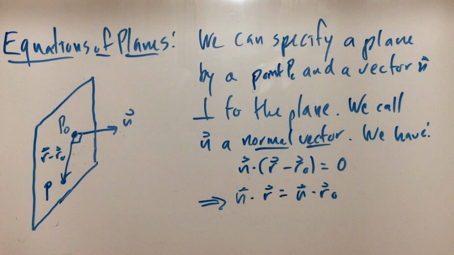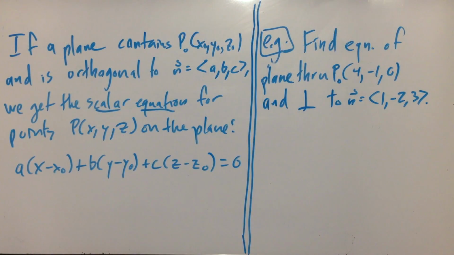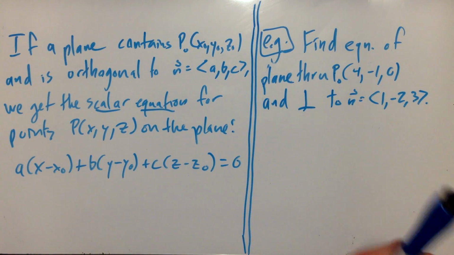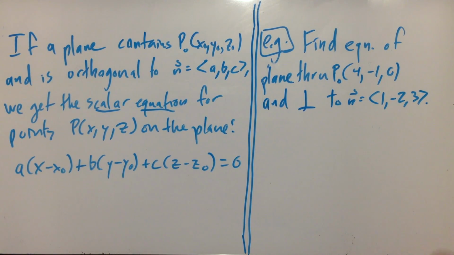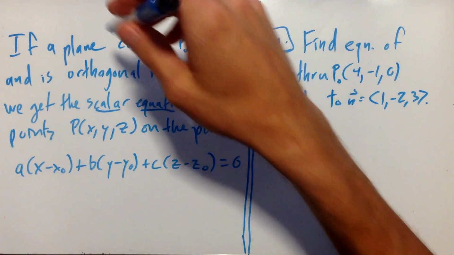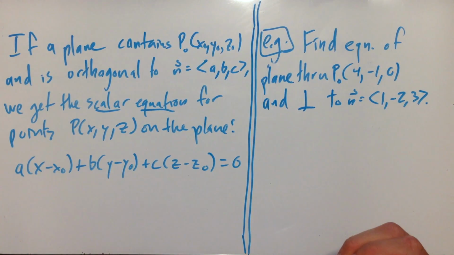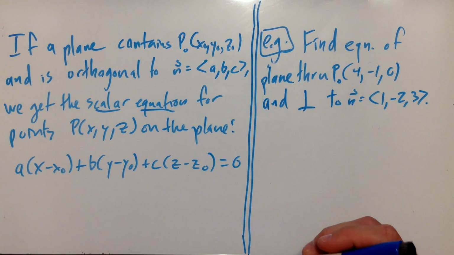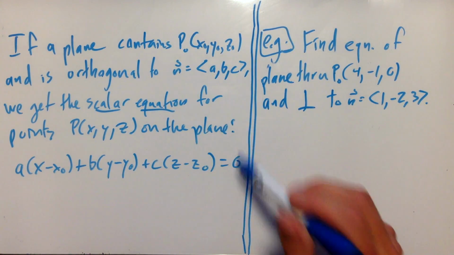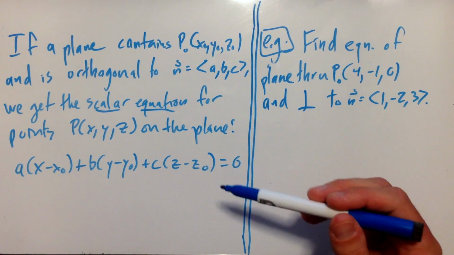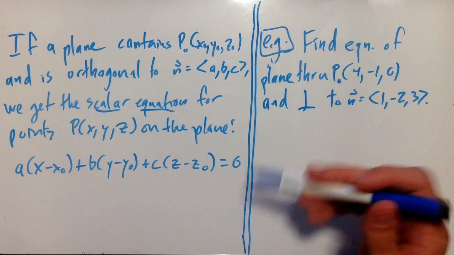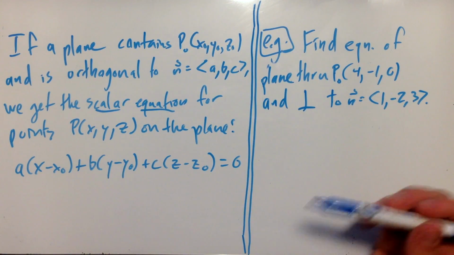We just need the same amount of information as we do for a line in order to get an equation for the plane. We can write this vector equation a lot more explicitly as a scalar equation. So let's say a plane contains the point P0, (x0, y0, z0), and it's orthogonal to the normal vector with components a, b, c. We get a scalar equation by writing this out explicitly for all the points P, (x, y, z) on the plane.